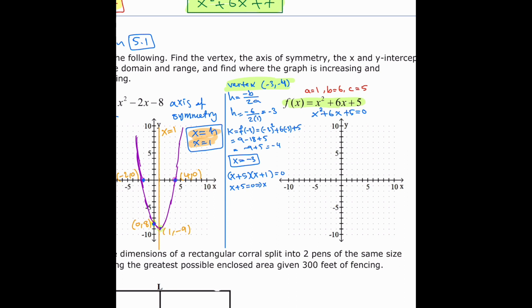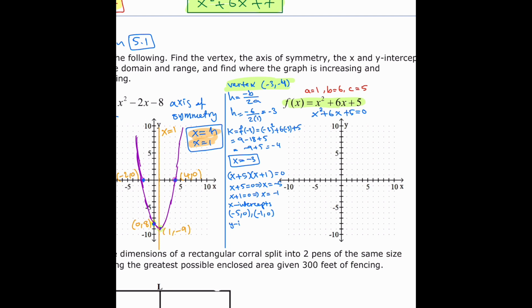That will give me x is equal to negative 5. And I will set x plus 1 equal to 0, and that will give me x is equal to negative 1. So the x-intercepts are negative 5 and 0, and negative 1 and 0.